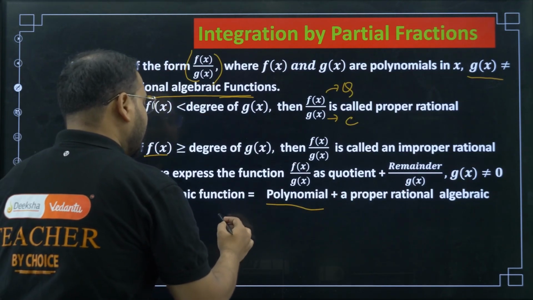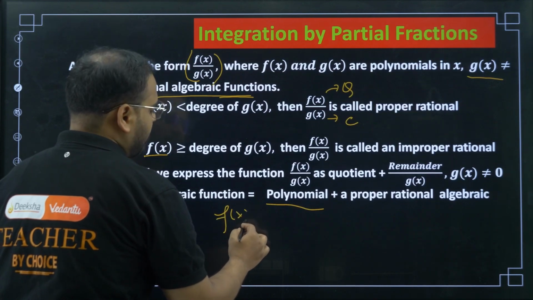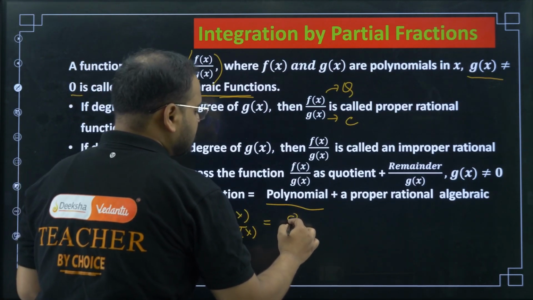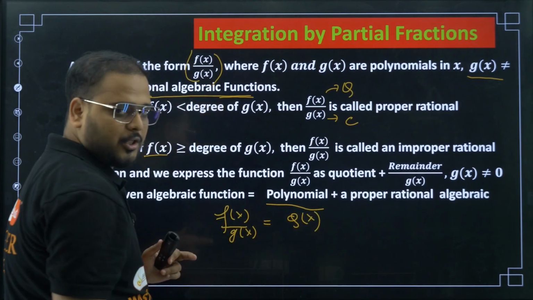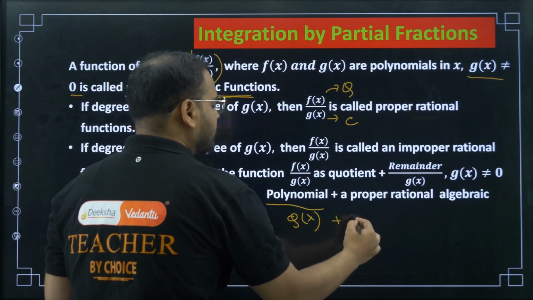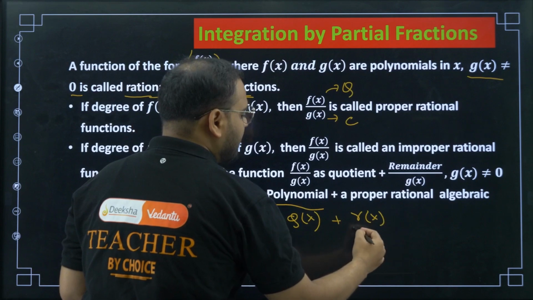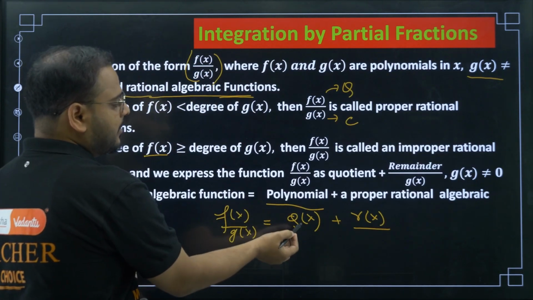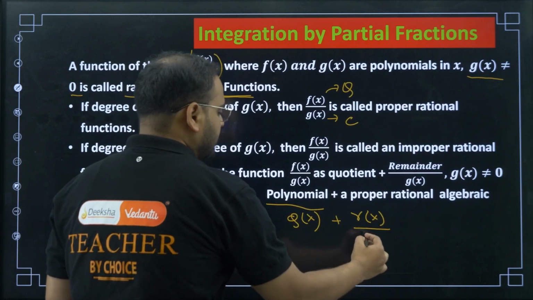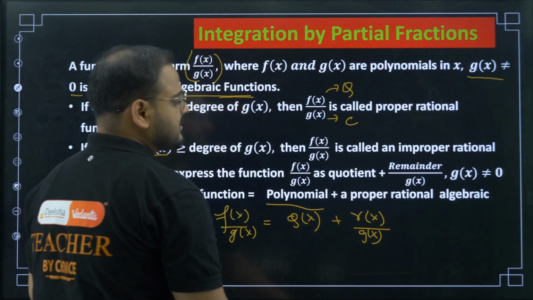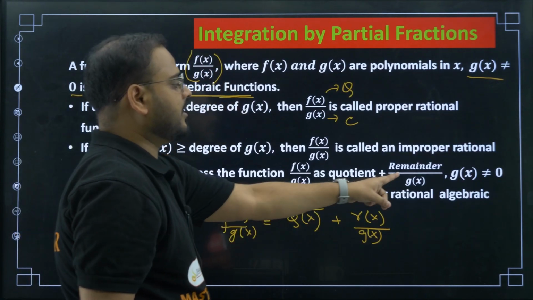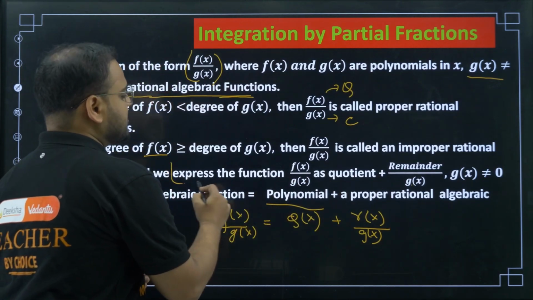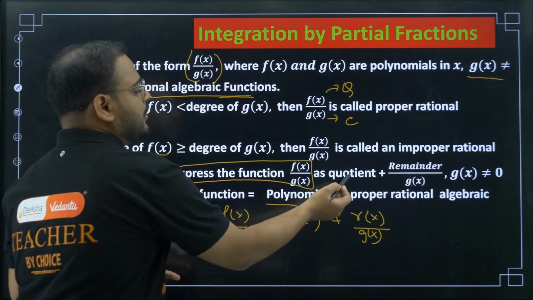Let's say when I divide f(x) by g(x), I get a quotient q(x) and a remainder r(x). I can write this function as q(x) plus r(x) divided by g(x). I can represent f(x)/g(x) in this form.